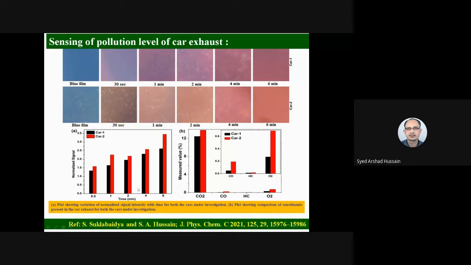Then we compared with our measurement system, and we have seen that if the presence of CO2, CO, HC, etc. increases, then the color change also occurred linearly with the presence of this material. So somehow it can give an idea about the pollution level of the car exhaust. But of course, a lot of experiments, a lot of optimization is required.